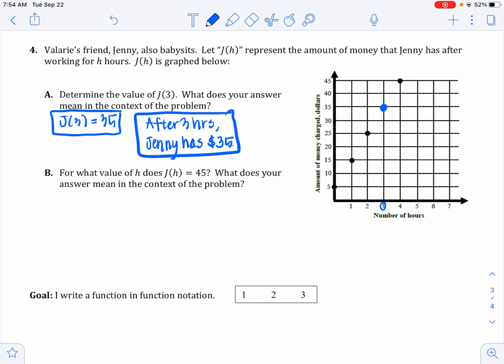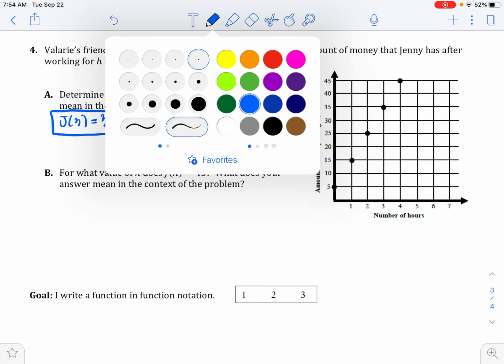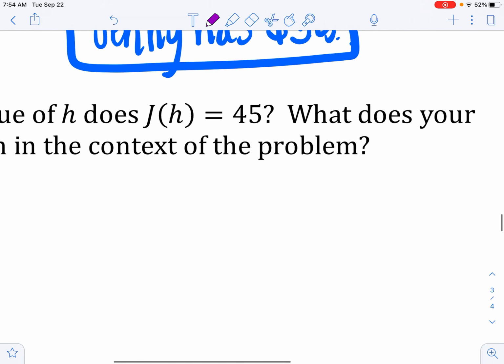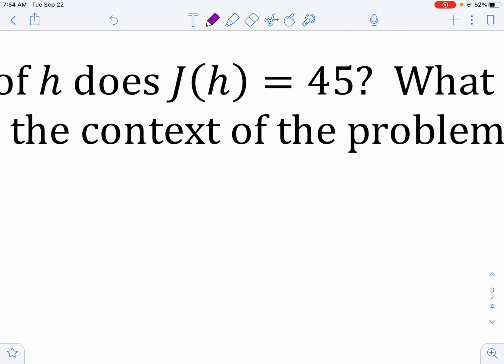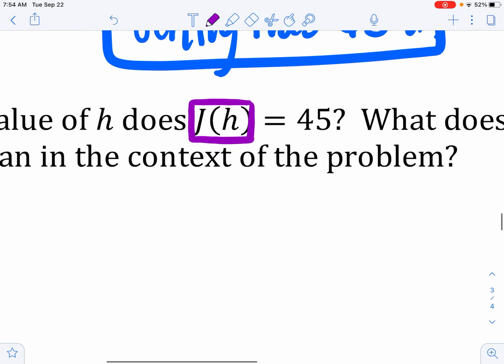All right, next one. For what value of H does J of H equal 45? Okay, let me erase this right here. So here's what you have to get used to, the function notation. J of H is a fancy way of saying what?